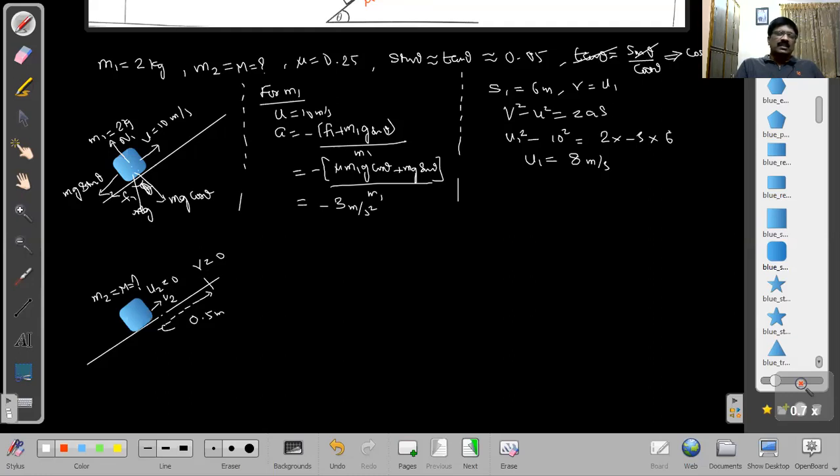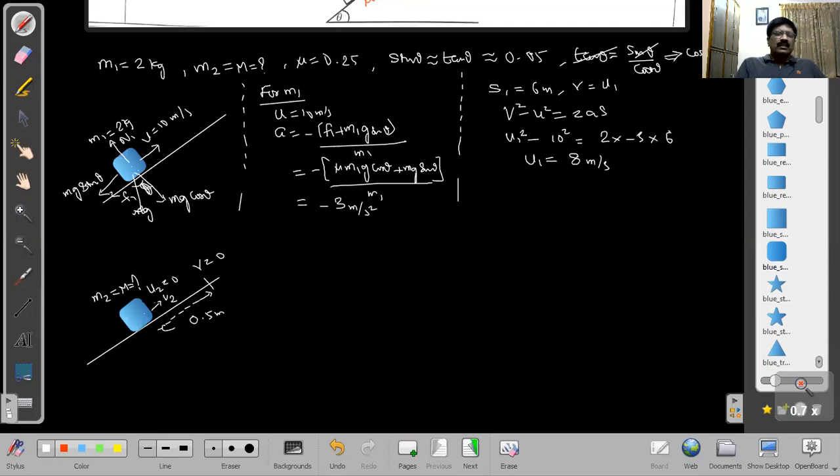Before collision the velocity of the block m2 is 0, after collision the velocity is v2, and with this velocity when block 2 starts its motion, then after traveling a distance equal to 0.5 meter, it comes to rest.